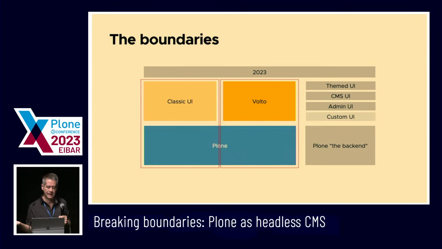Yeah, you could, why not? But always between these boundaries, right? And you're constrained to them, and you have to abide by the choices that we made, either in Volto or in classic UI, right? So you have to use all the technologies that are in there. So you cannot move much from them.